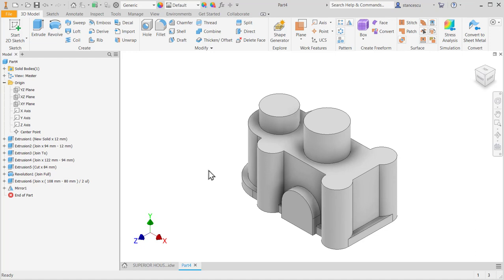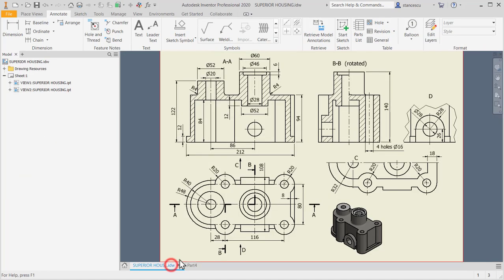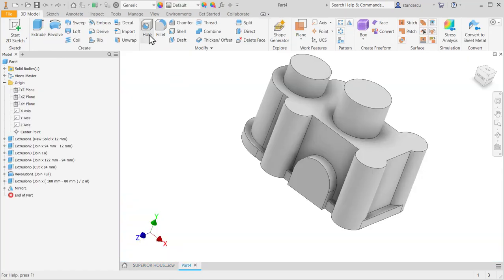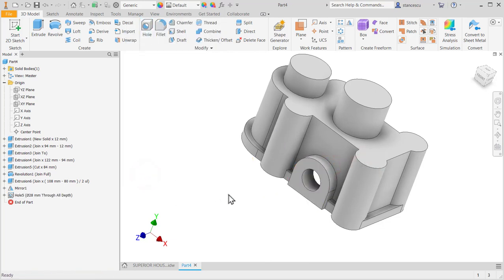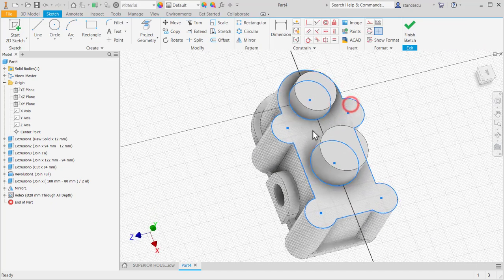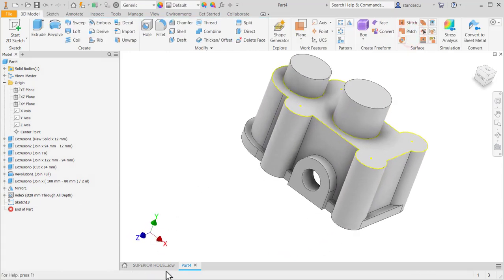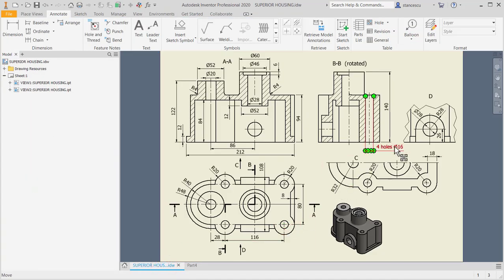And now holes, many holes. One is just here. Let's start with it, of 28 diameter. Hole, face, concentricity, 28. Okay. Next, on this face, there are 4 holes of 16.